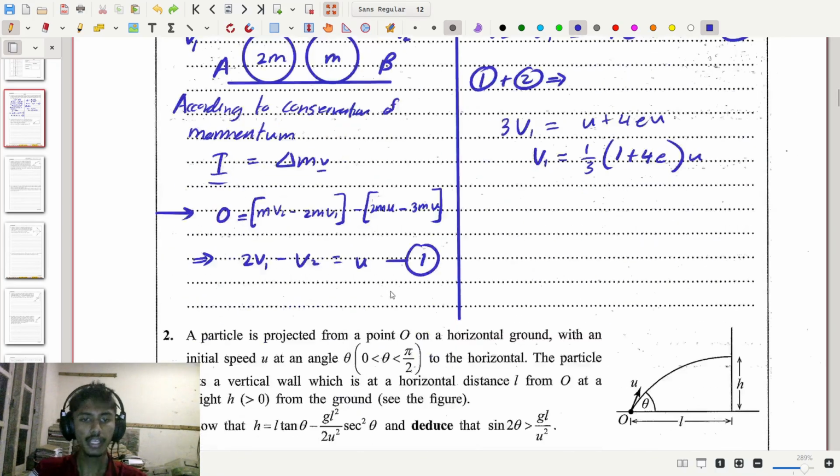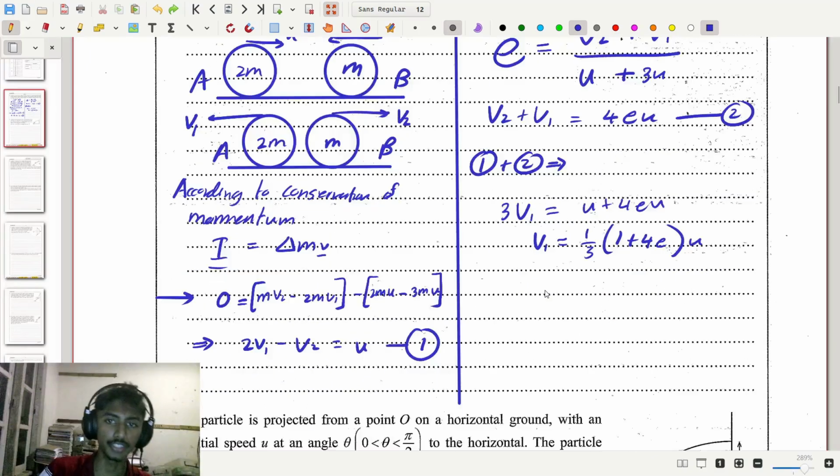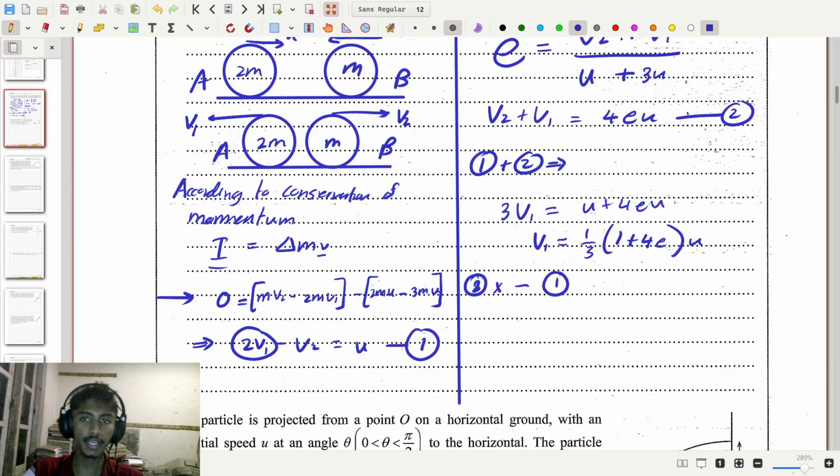Now similarly, if I want to find V2, what I have to do is to subtract these two equations. In this case, I have to double equation 2 and subtract equation 1 from that. So I take 2 times equation 2 minus equation number 1. Now if I do this, I can see we have 2V1 here, and we have this thing times 2, which will be again 2V1.